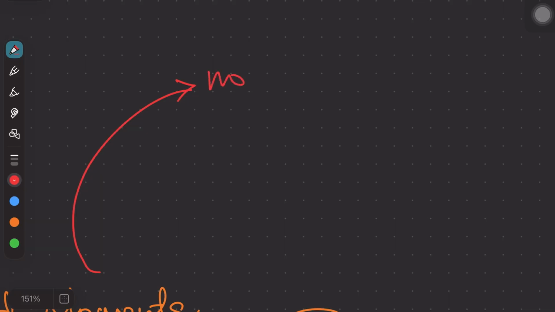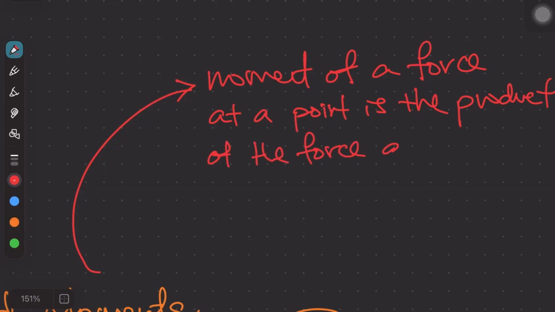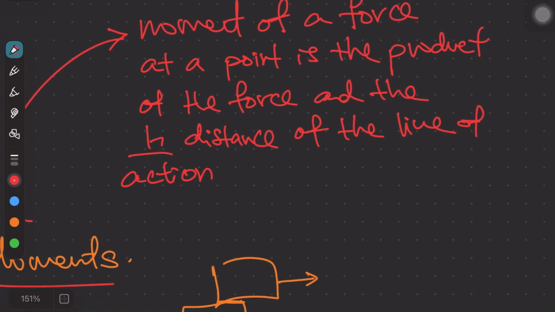The moment of a force at a point is the product of the force and the perpendicular distance of the line of action to the point.